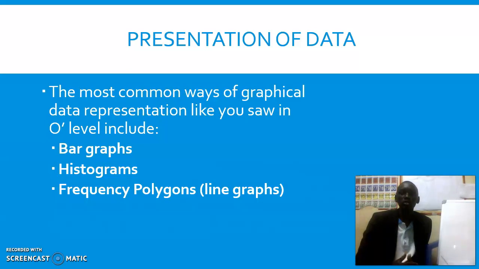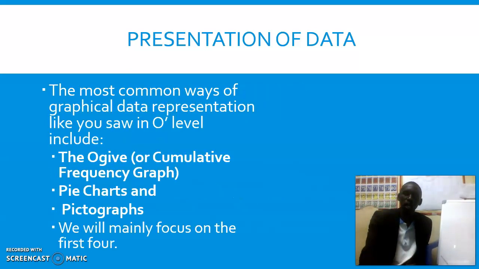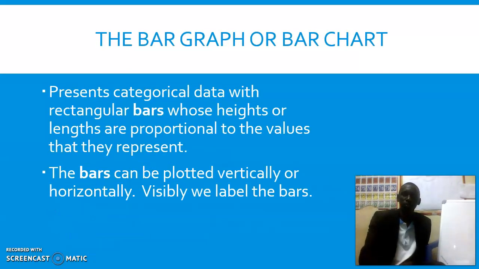The most common ways of graphical data representation, like you may have seen in your earlier studies, include bar graphs, the histograms, the frequency polygons, and the ogive or the cumulative frequency curve. Those first four are basically what we will look at for our study here. But you know that in your O-level you looked at the pie charts as well and the pictographs. But we'll mainly focus on the first four.